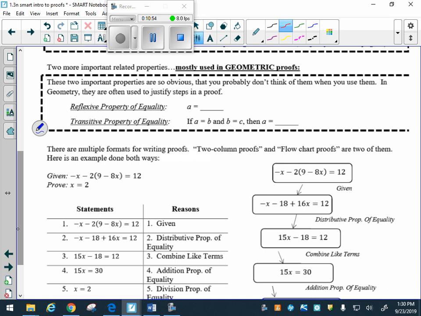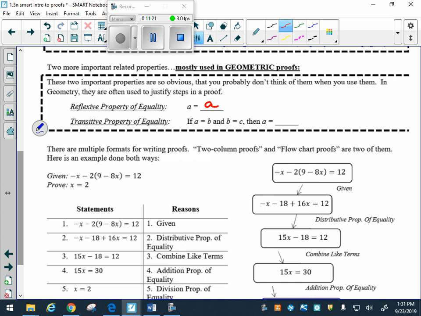Reflexive property is just mind-blowing. You ready for it? It says A equals A. Yeah, I know, right? So clearly the only thing confusing about that is why do we have to make it a property, right?